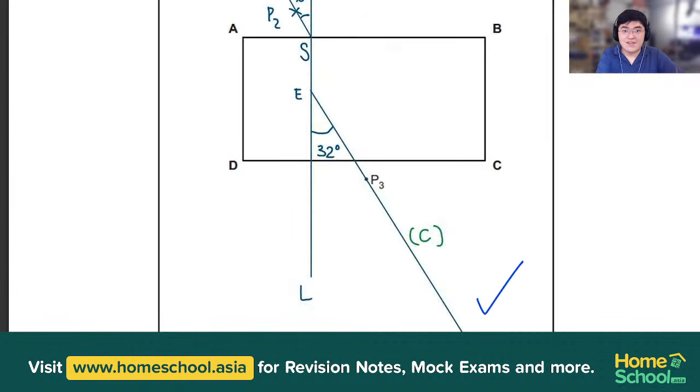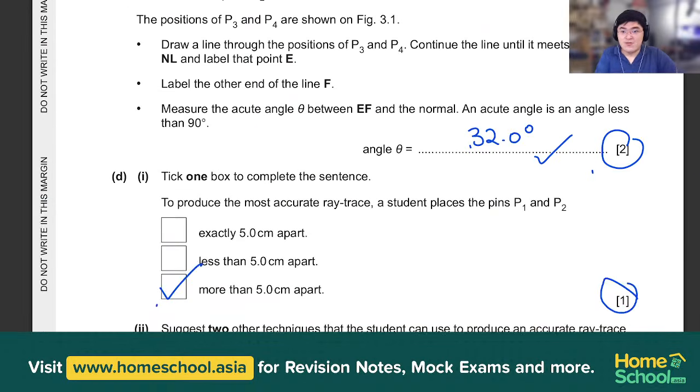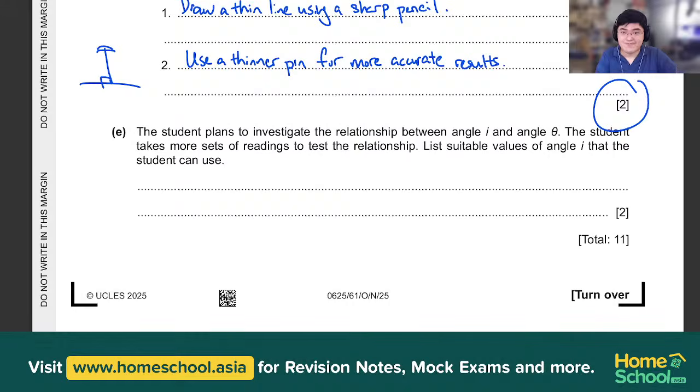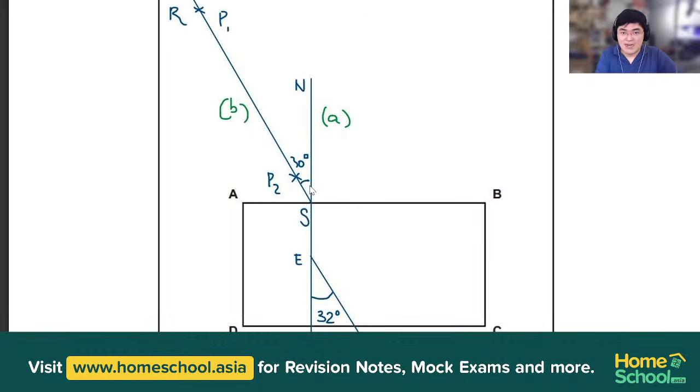As you can see over here, the incident angle is 30. This is the first angle. So what other angles can we use to investigate this? These are suitable values. You want angles that are within this 90 degrees, so it cannot be more than 90 degrees.